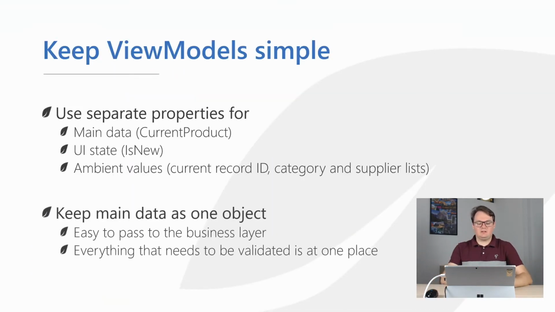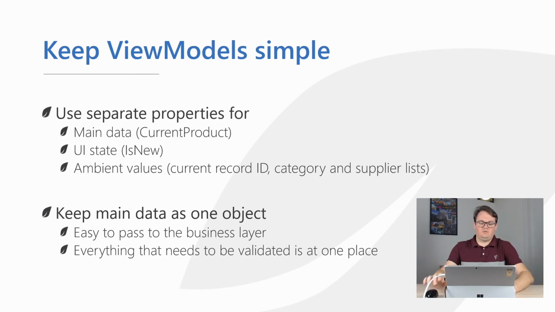Then it's very useful to keep the main data of the page as one object, because right now there are 6 fields, and if the application grows and I listen to all the requirements from my user, it's probable that in 2 years the form will have 50 fields.